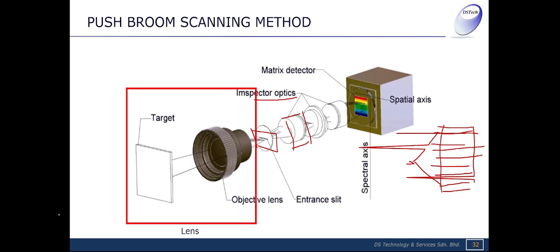And then you have lens, of course. Typically you have a lens which you just want to build up an image and collect photons, depending on how you want to collect light as well. There's one important factor that you want to think about when you are collecting light, which is how sharp your image is. Unlike a normal camera, where you can tune the focus, a spectral camera is a bit hard to say because you generally don't really see the image.